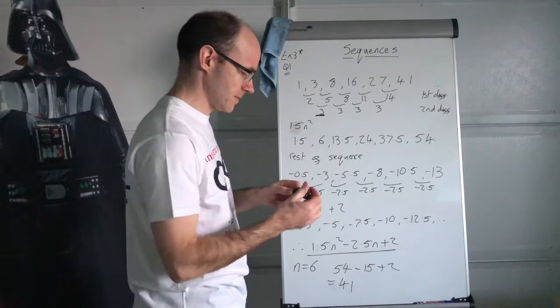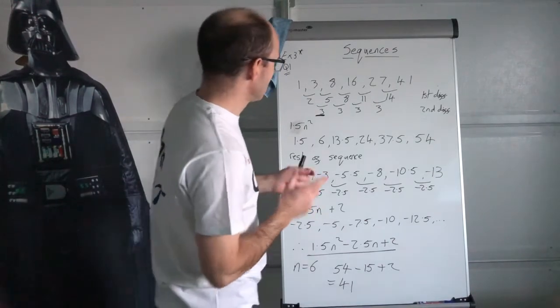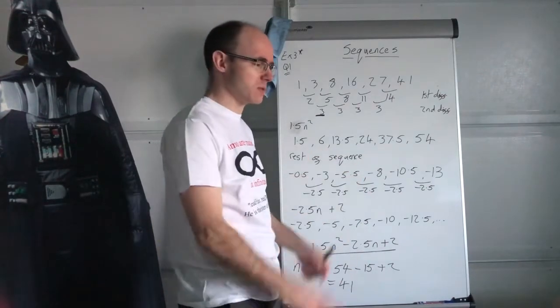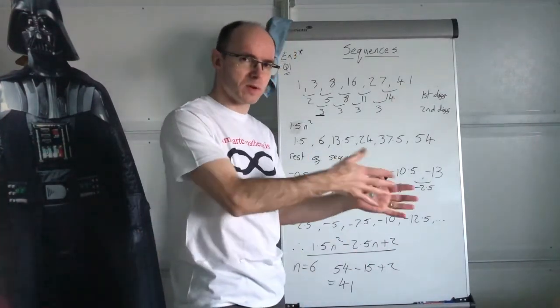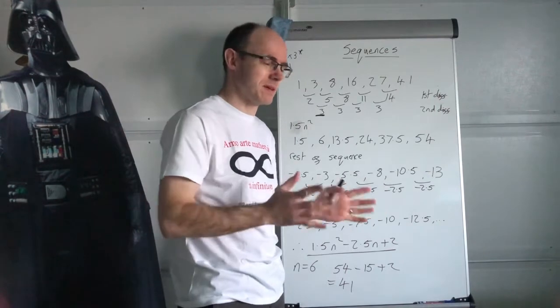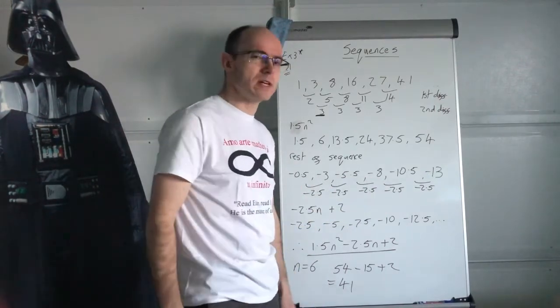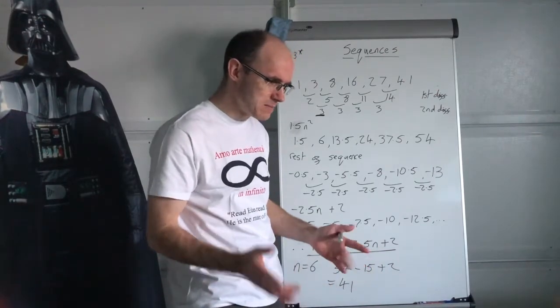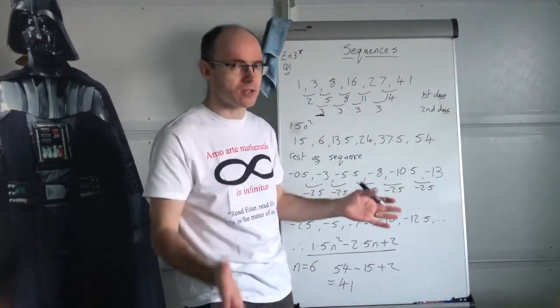Okay, now, I think that's all you need for quadratic sequences. I had a quick flick through the book in the break in between recording. Okay, and they don't really talk about quadratic sequences that much. However, in some of the past paper exams, they've crept in occasionally.